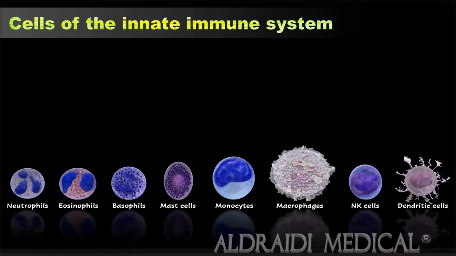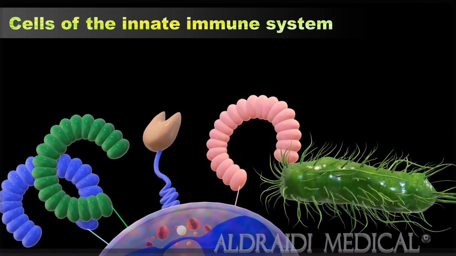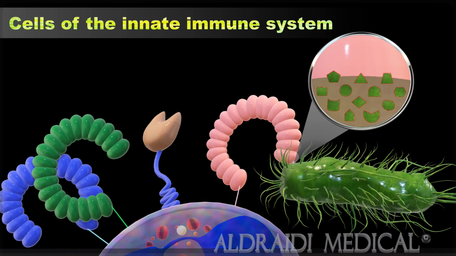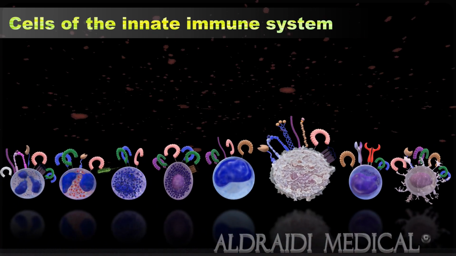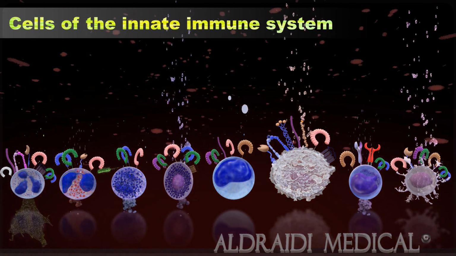These innate cells are essential for our second line of defense against invading pathogens, and for that purpose they express recognition receptors that enable them to recognize certain patterns unique to some pathogens. And this recognition triggers a variety of responses and defense mechanisms in these cells.